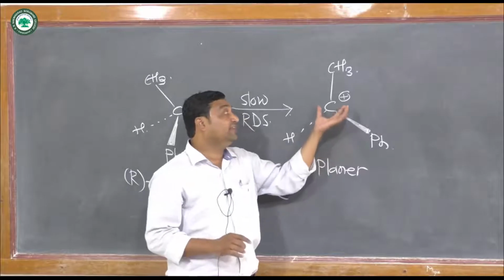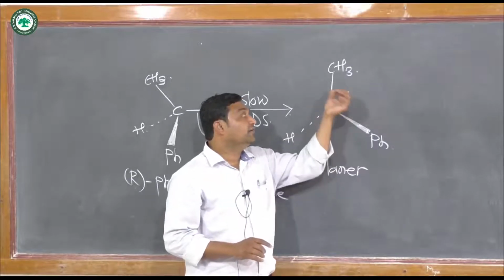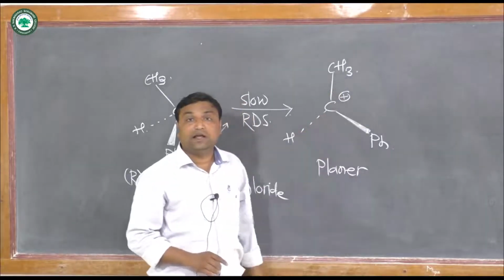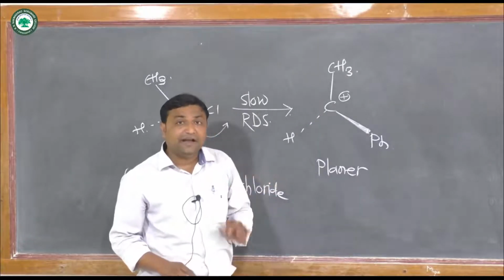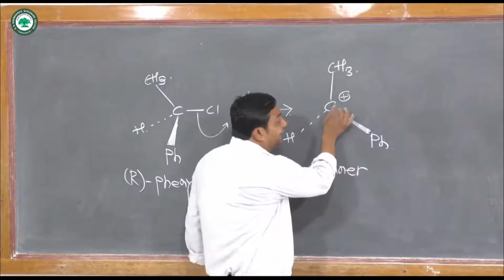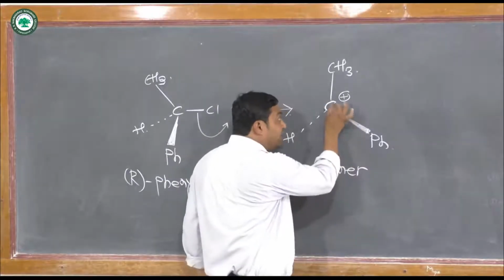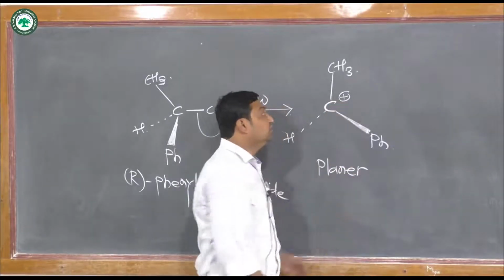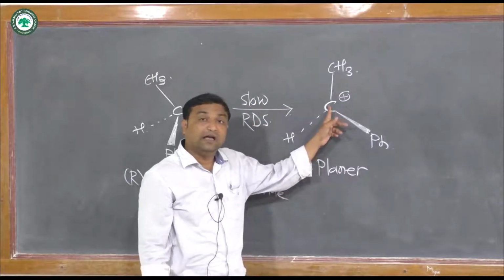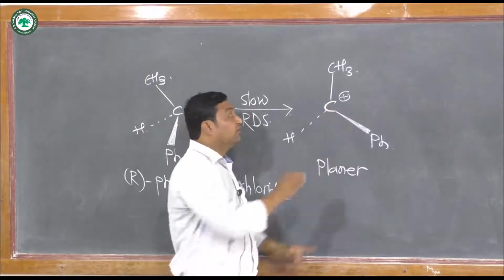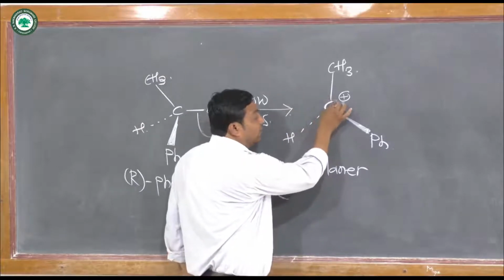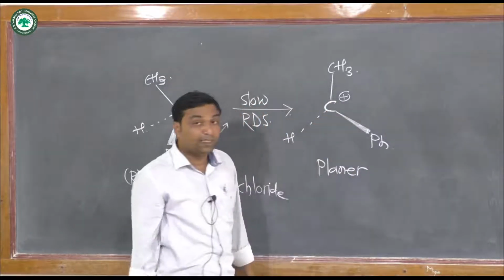We know that as this is a planar carbocation, the nucleophile can attack from the front side of this carbocation, as well as from the back side.